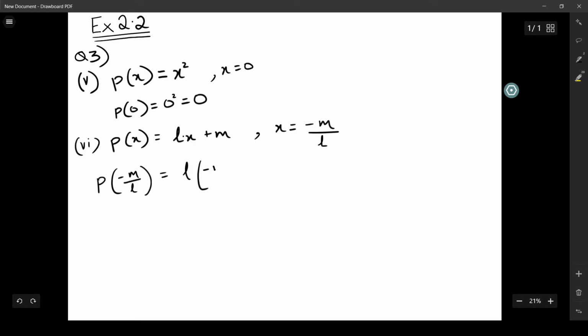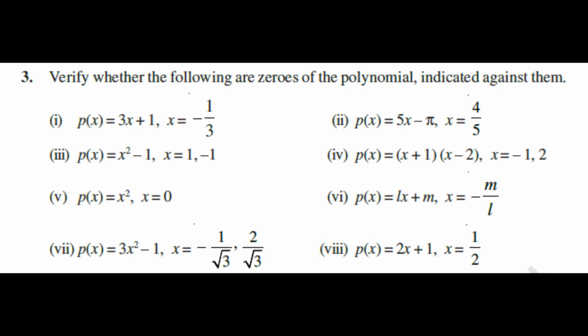This gives us l into minus m by l plus m. This gives minus m plus m, which is equal to 0. And this means that this value of x is a zero of this polynomial.